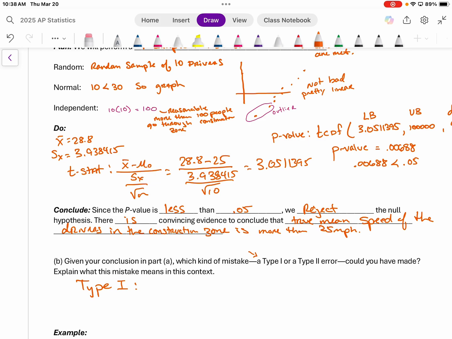So we decided the average speed is greater than 25 miles per hour when it really isn't.